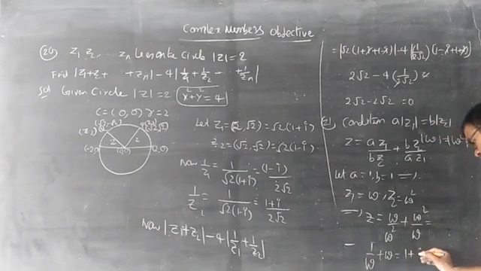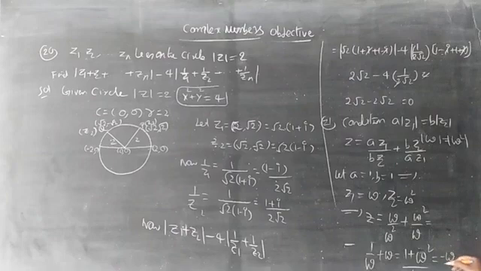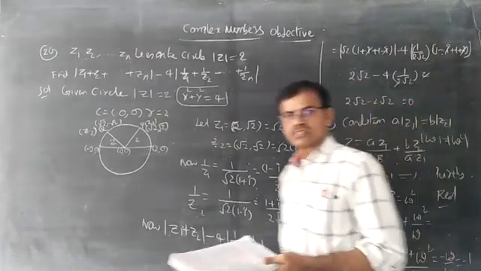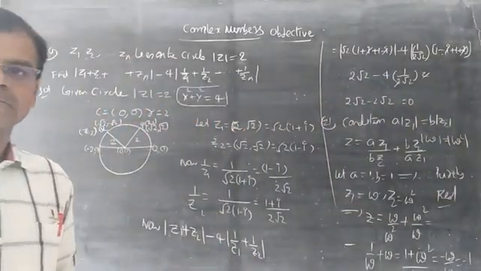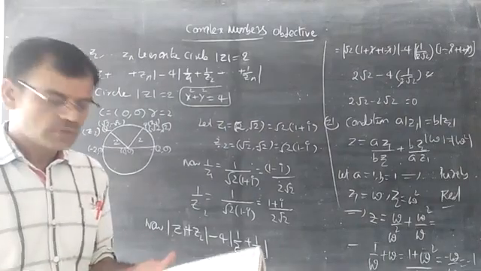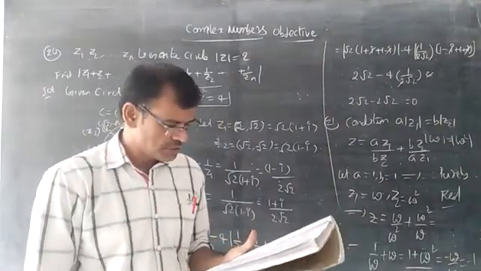Taking LCM, it becomes 1 plus omega square by omega. 1 plus omega square meaning minus omega by omega. This and this get cancelled. Minus 1 we got. Therefore, whenever minus 1 we got, there is no imaginary part, so this can be understood as purely real. So option 3.